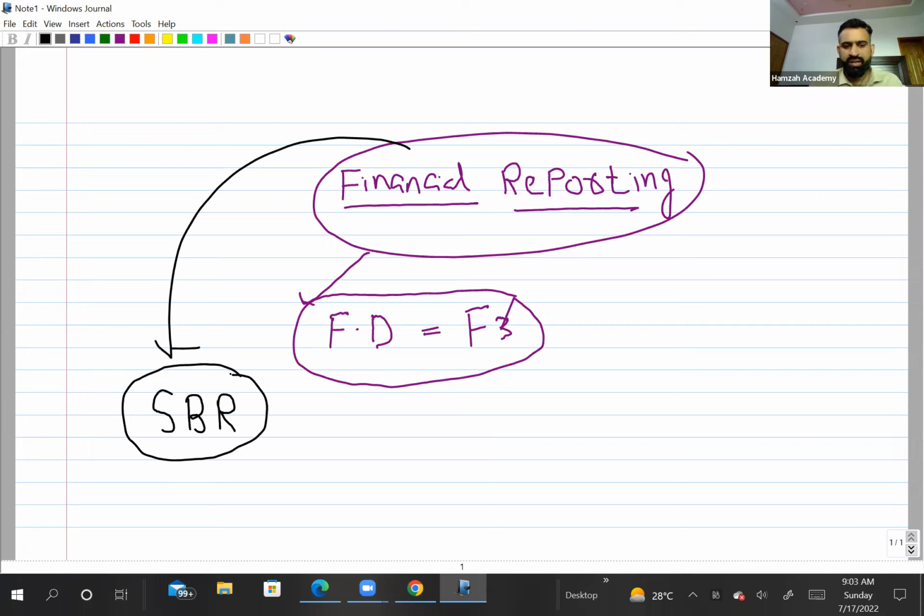In the end it is also very important for the AAA paper, Advanced Audit and Assurance, because there will be a touch of accounting standards in AAA, and there will be a whole question on auditing which is related to accounting standards. So this is the importance of this paper which we are going to start today.